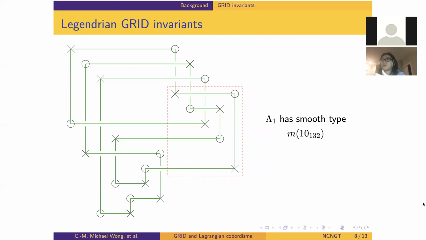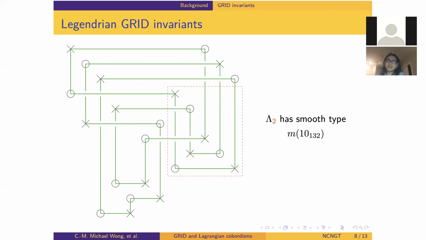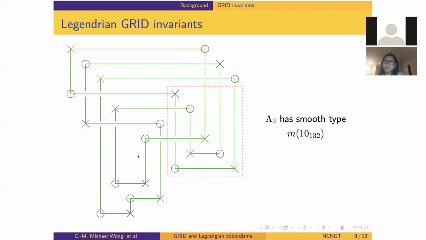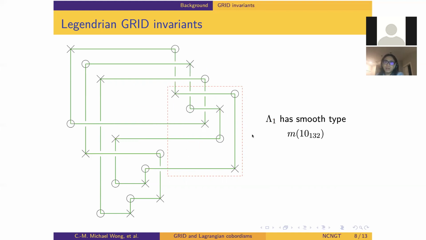For example, to be concrete, this is lambda 1, as we've seen before, and to get lambda 2, you do something to the red box. Now, it looks like other things have changed here as well, but in reality, that hasn't happened. If you stare closely at this, nothing has changed. It's just been moved up. But the inside of the red box is topologically still the same, right?